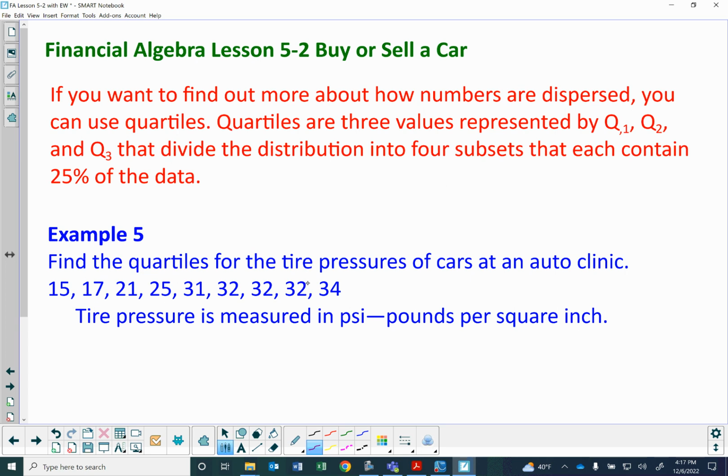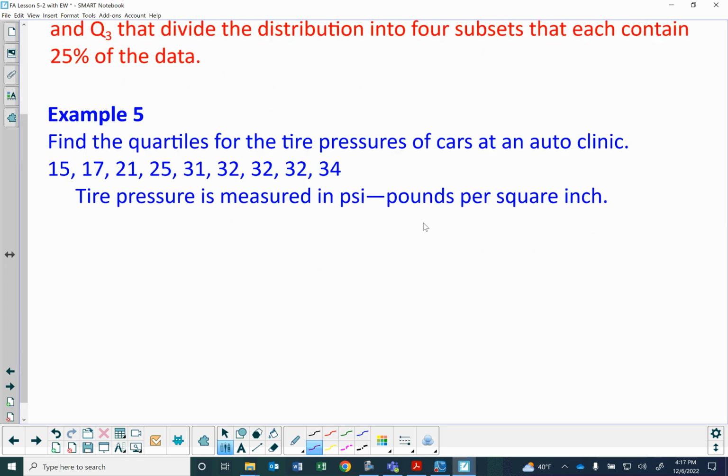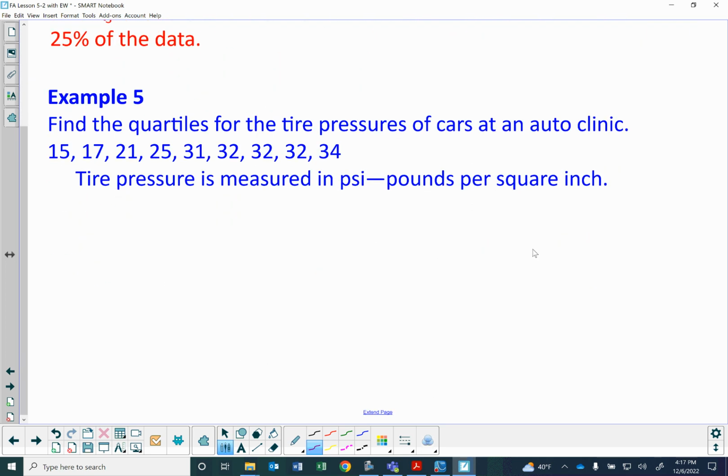It says find the quartiles for the tire pressures of cars at an auto clinic. The tire pressures are 15, 17, 21, 25, 31, 32, 32, 32, and 34. Nicely enough, the data is in order. If the data was not in order, you would have to put it in order to find your quartiles. The first thing you have to do is find the median, since quartile 1 is 25% of the data.